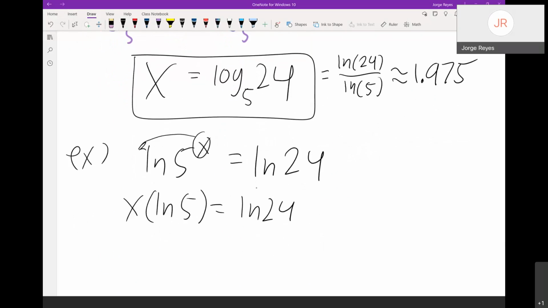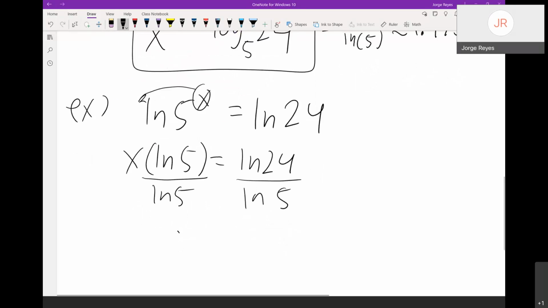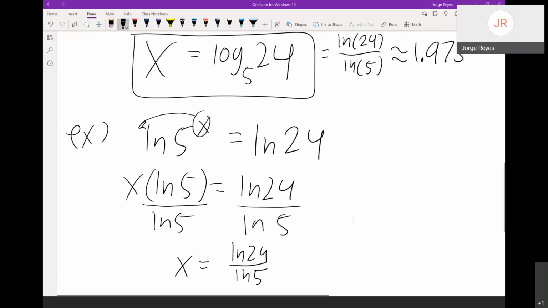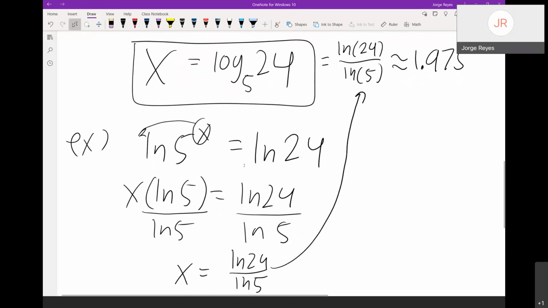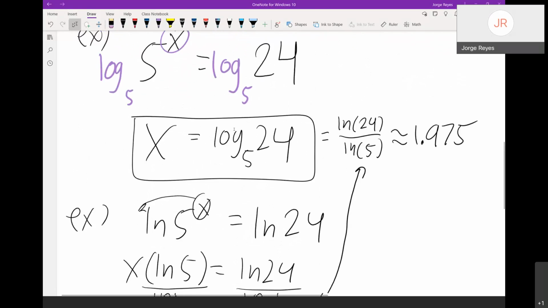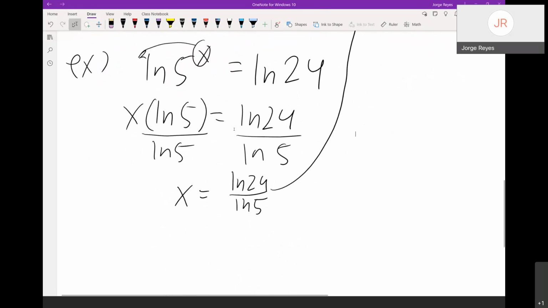Because I'm going to just divide both sides by natural log 5 now. And we see that we get the answer x equals natural log 24 divided by natural log 5, which is the same thing, right? It's 1.975, okay? So you can get different looking answers that are the same, just because of the way you solve it with logs, okay?